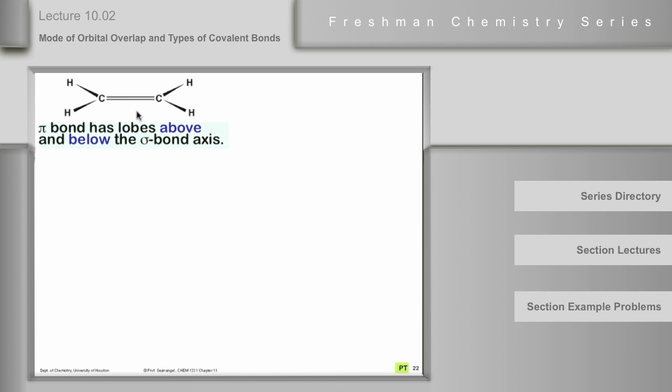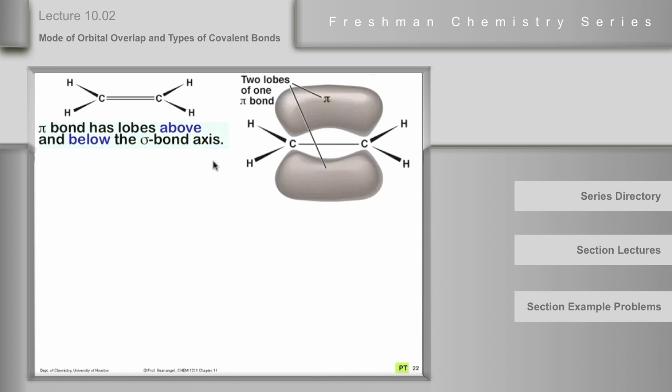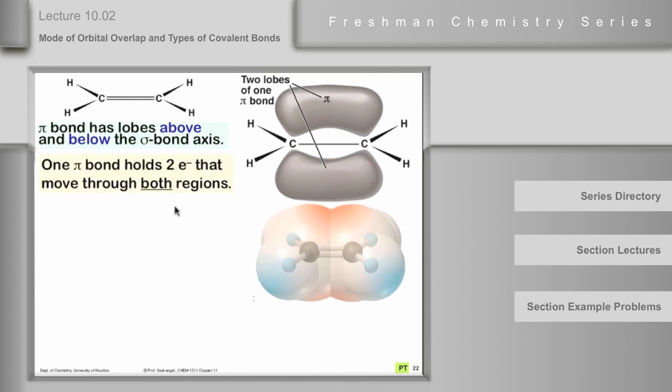And remember, wave mechanics describes those electrons, and it doesn't have a problem getting through a node if it's a wave. So remember that the pi bond itself consists of two lobes, and it can hold a maximum of 2 electrons. One pi bond holds the 2 electrons, and they move through both regions.